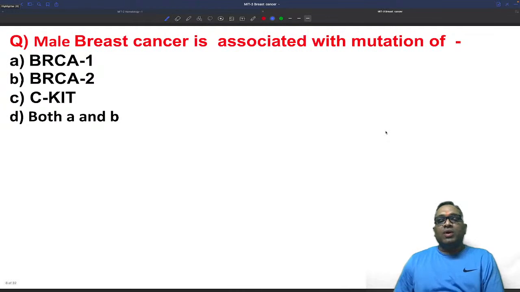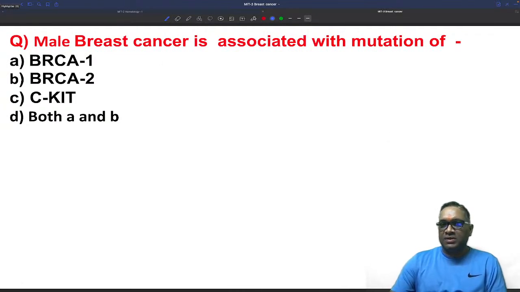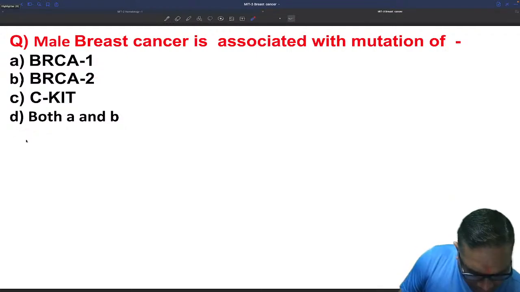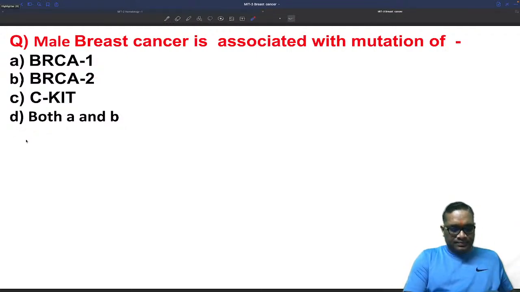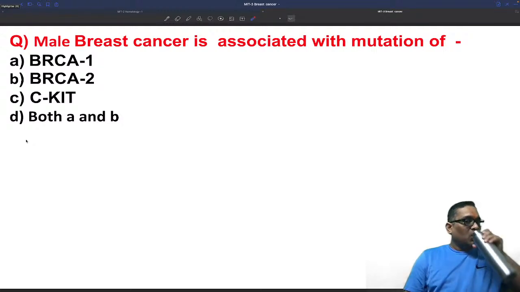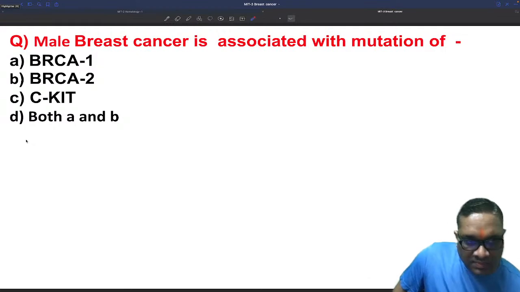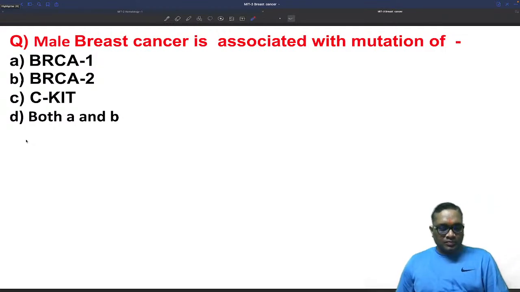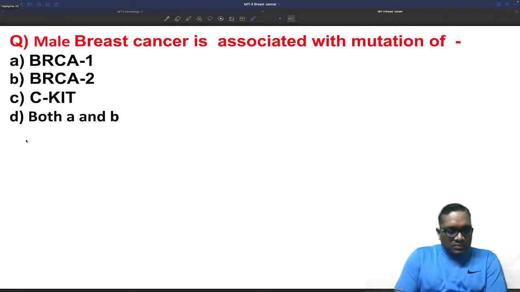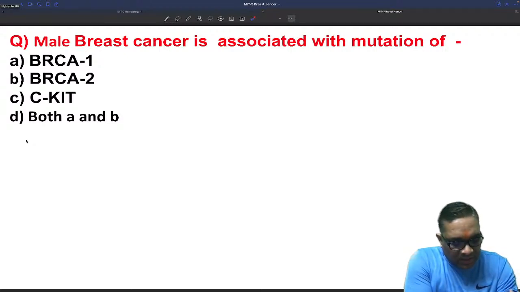Right. Now moving on to the next question. This was the DNB question also. Male breast cancer is associated with mutation of BRCA1, BRCA2, c-KIT, or both A and B. Very good.